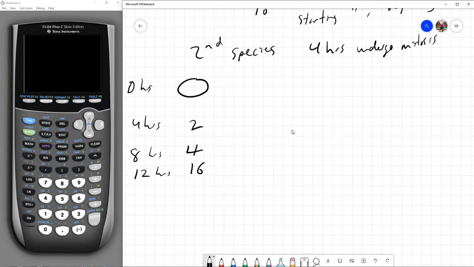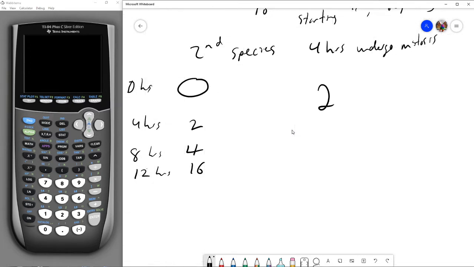So in order to fit it in this model here with a 2 to the t, what we need to do is think about how we can change our time inputs, because we clearly don't want to be plugging in 4 in order to account for our 2 bacteria here, because 2 to the 4th is actually 16.